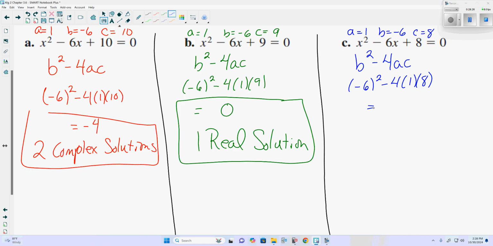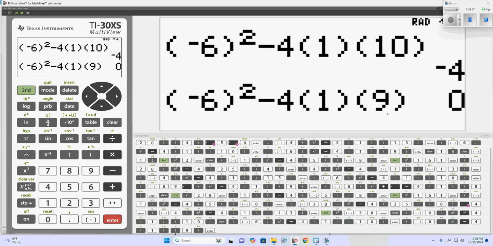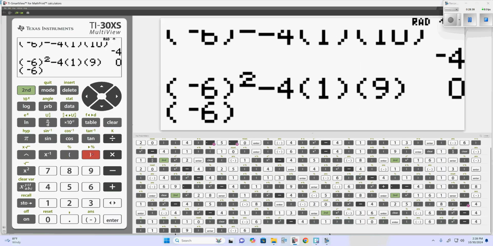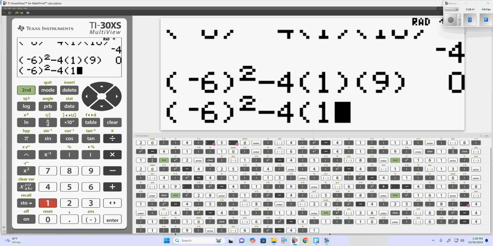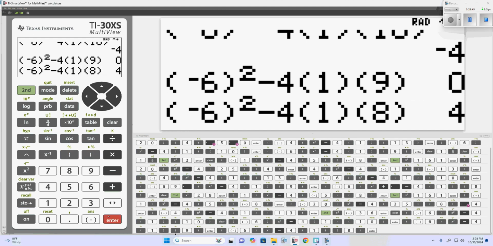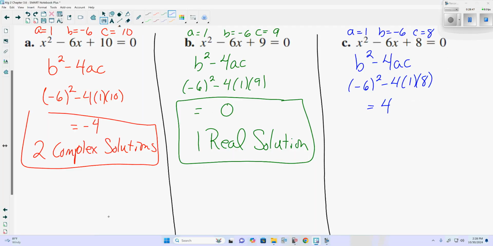Anybody have a guess at what this value is going to be? 4? Yeah. If we've got -4, 0, 4: -6 squared minus 4 times 1 times 8 is 4. So we have 2 real solutions.